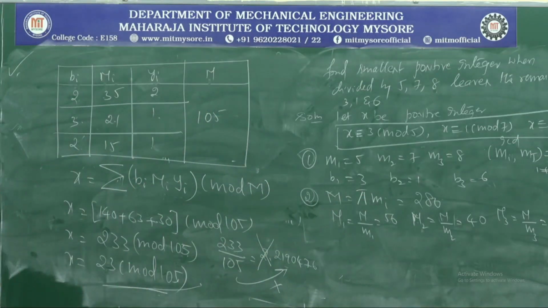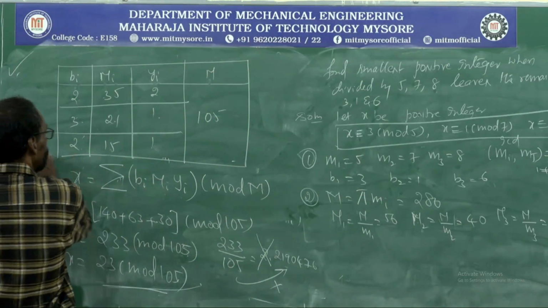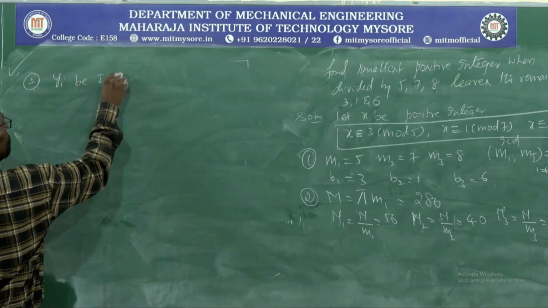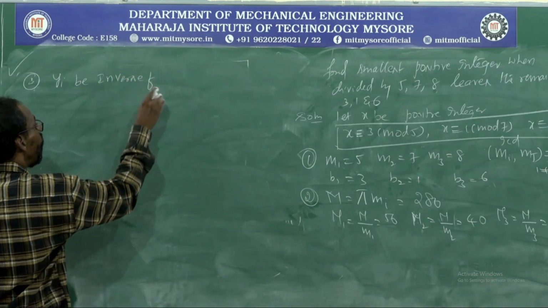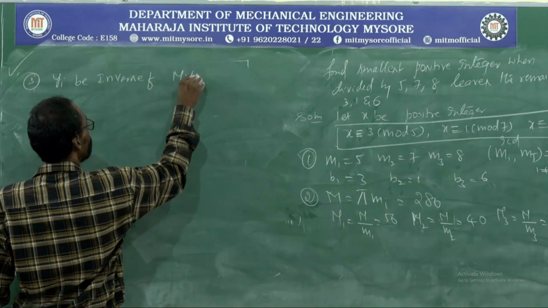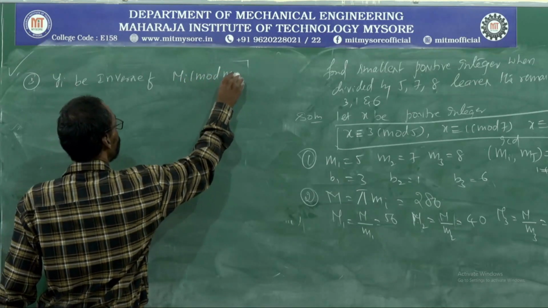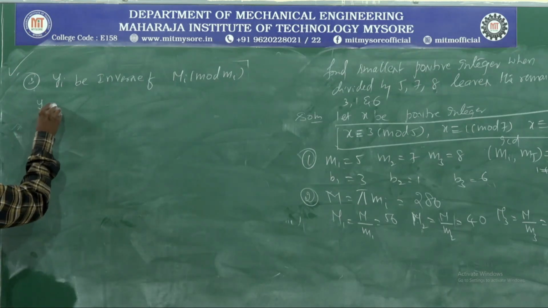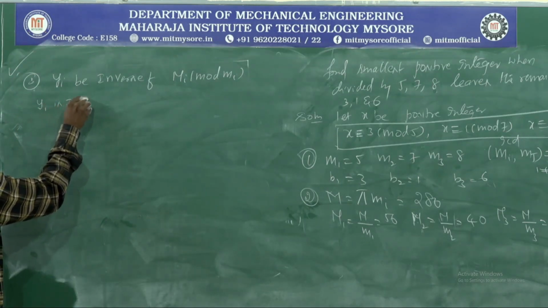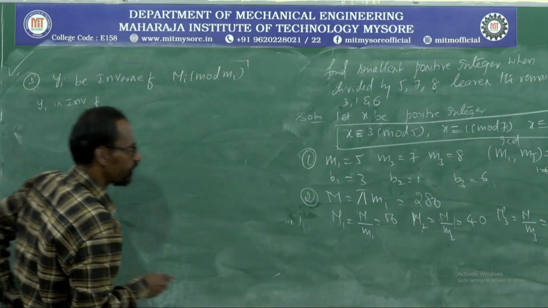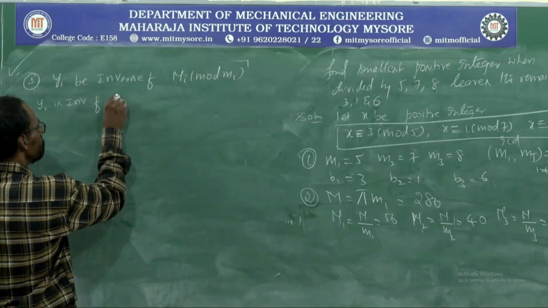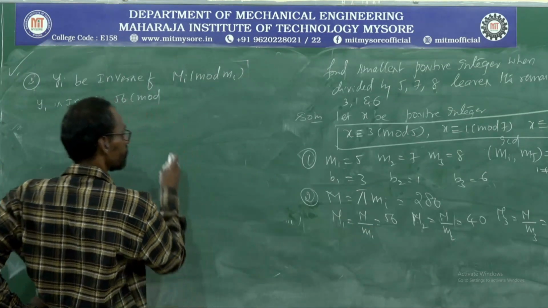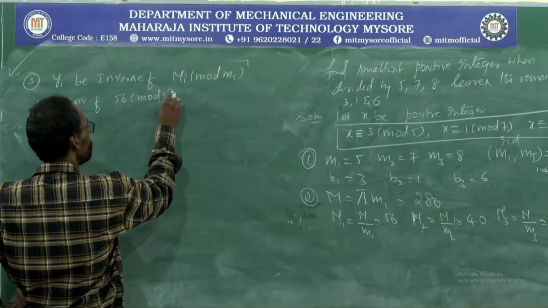What is step number 3? Very typical, finding the inverse. Okay. Step number 3. yi is the inverse of capital Mi mod small mi. That is, y1 is the inverse of capital M1, that is 56 under mod 5.